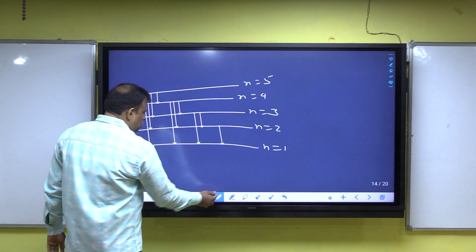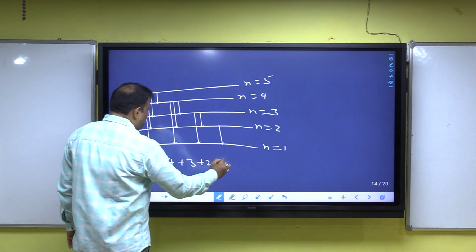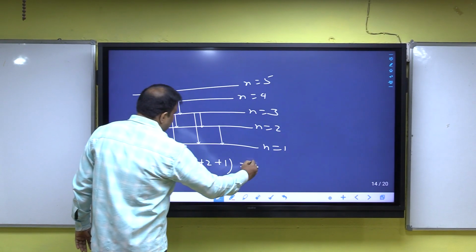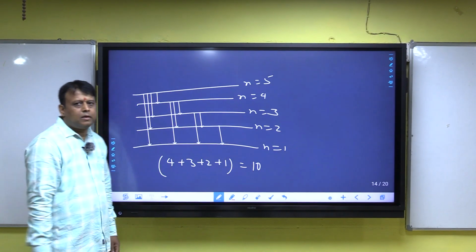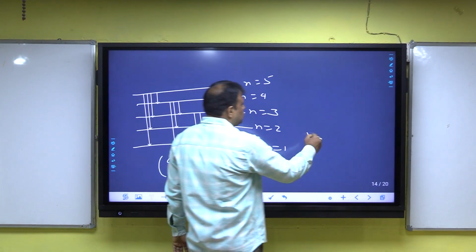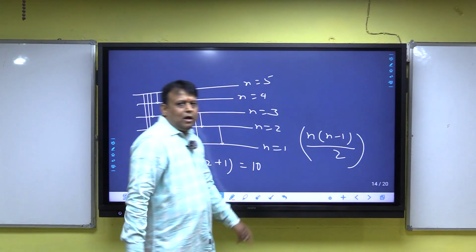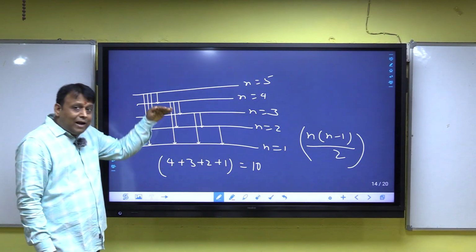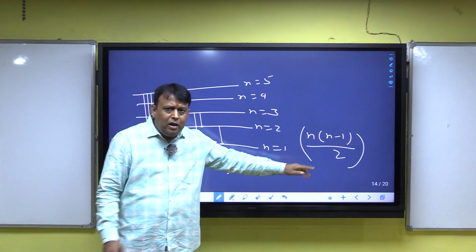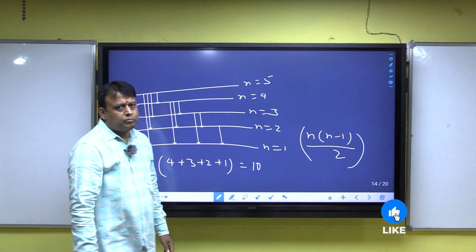Hence total lines equal 4 plus 3 plus 2 plus 1, which is equal to 10. Clear? And hence the formula is n into n minus 1 divided by 2. But this formula is only applicable when the electron falls from a higher orbit to the first orbit.